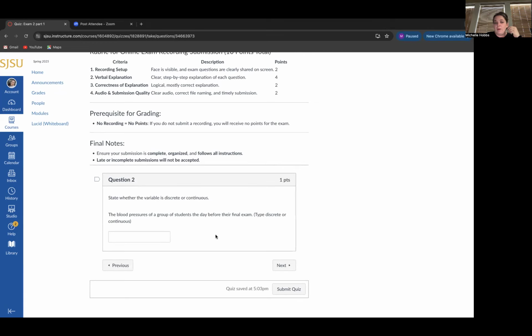State whether the variable is discrete or continuous. The blood pressures of a group of students the day before their final exam. Okay, let me see.